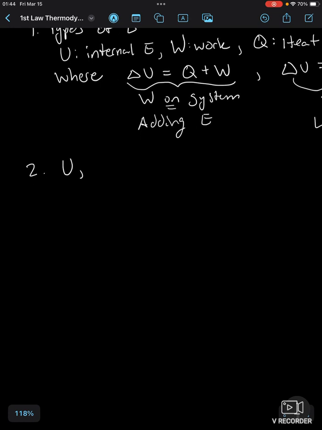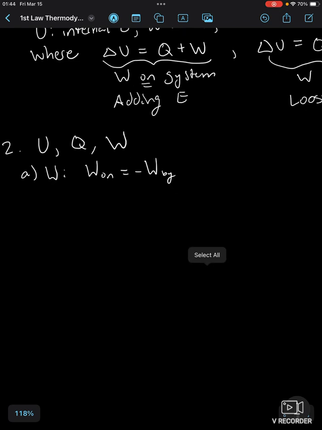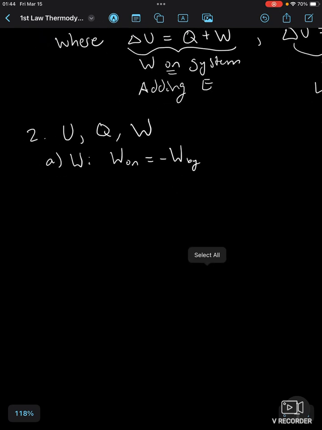So let's look at U, Q, and the work. So first off, the work. Work done on a system is equal to the negative of the work done by the system. Now, let's talk a bit more about work. So we know that work is equal to force times distance. But we also know that pressure is equal to force over area.